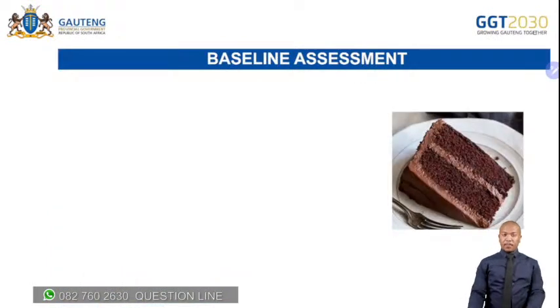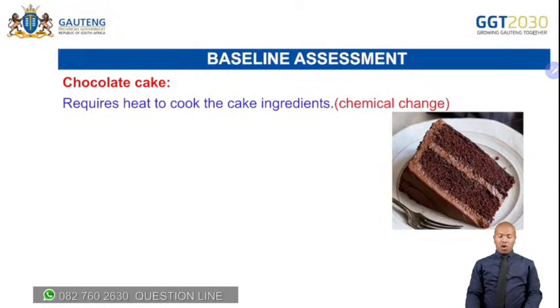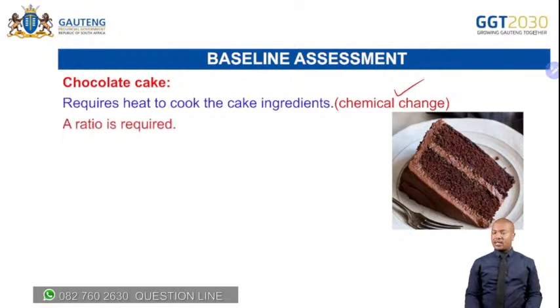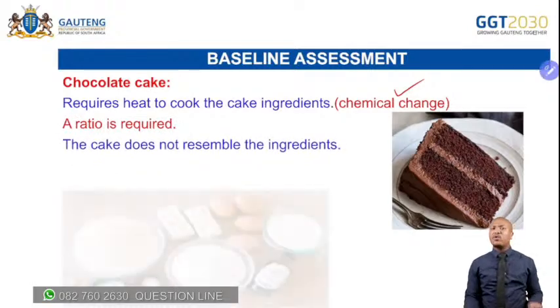Right, moving on. For the chocolate cake, it is because it requires heat to cook the ingredients, right? There is some chemical change that happens between the ingredients to bring about this chocolate cake. And also a ratio is required, right? And the cake does not resemble the ingredients. What do we mean?